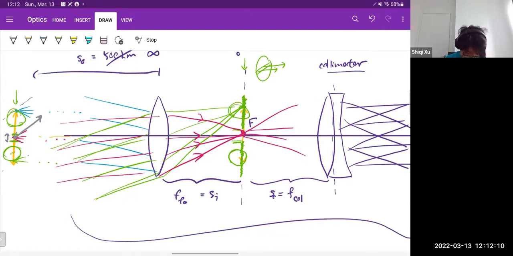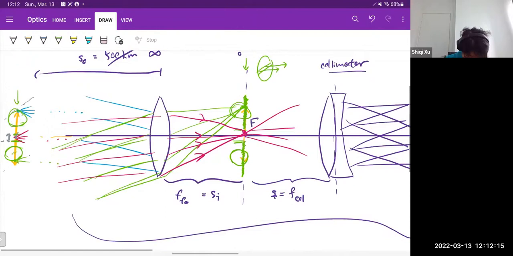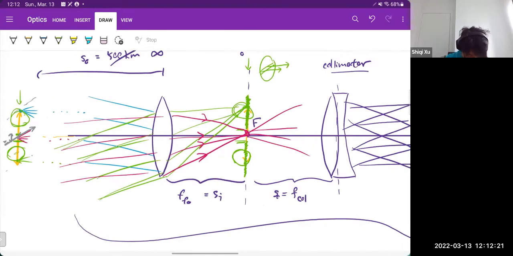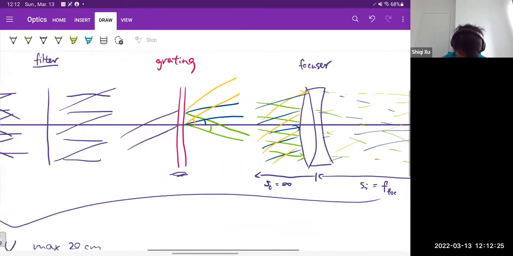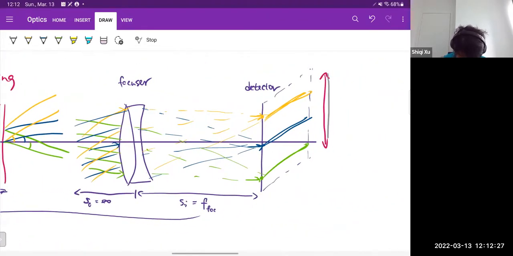So this strip of land that we let through now corresponds to this. So these are our spatial pixels, right? And here we have the rainbow.